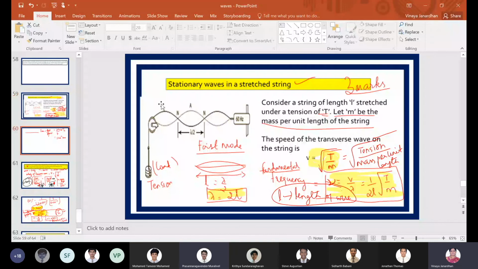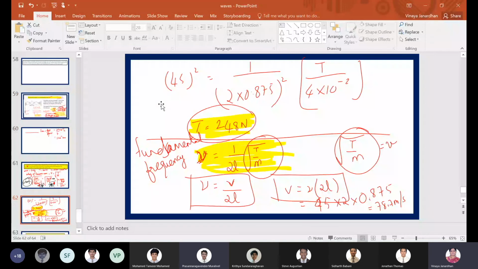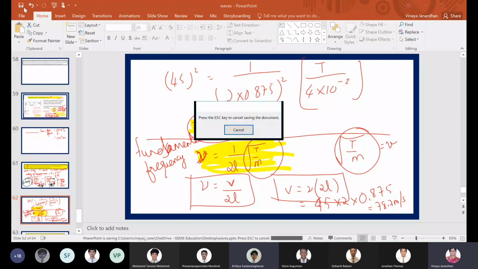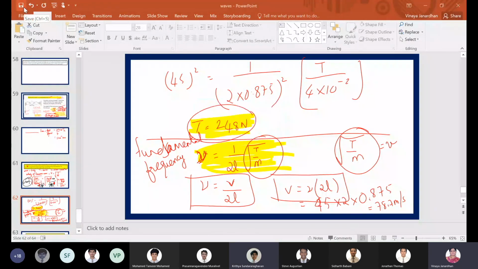Ma'am, can you upload these questions? Okay, because I have to go for the other class. Let me complete their class first. Ma'am, the concept is clear. I think it's just that these questions have so many tedious calculations. That's what I'm telling. In the exam also we will look at these kinds of questions?